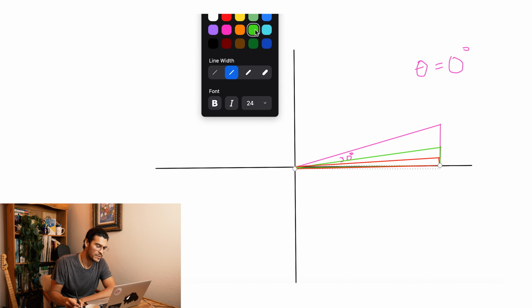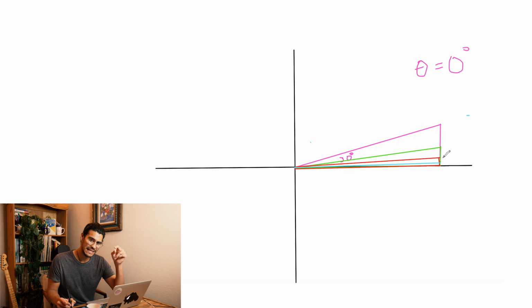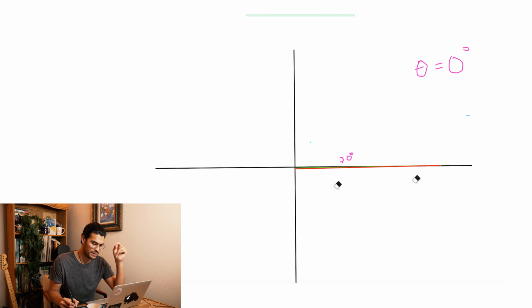And as a matter of fact, as we keep going down and down and down, and this angle is getting closer and closer to 0, when we actually get to 0, we have a triangle that's collapsed on itself. Because from the x-axis, we've gone no degrees up. So we're actually right on the x-axis still.